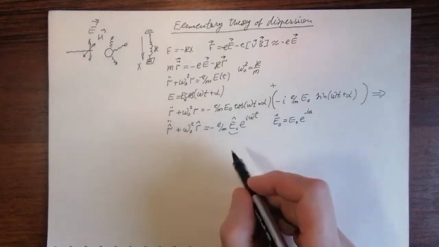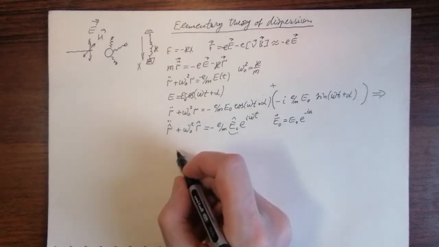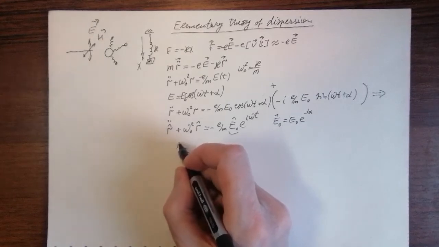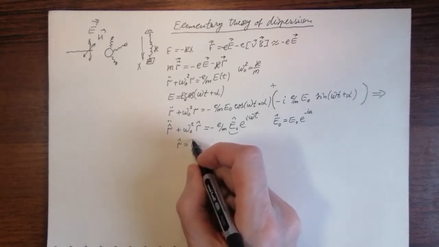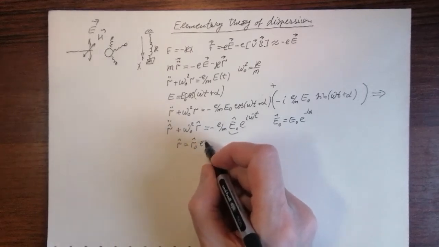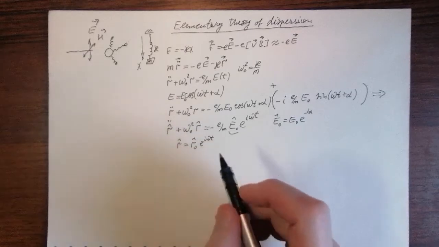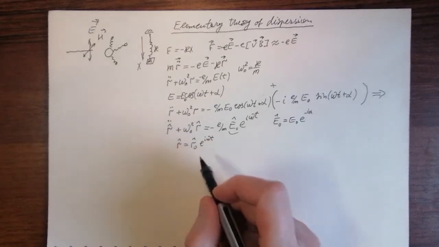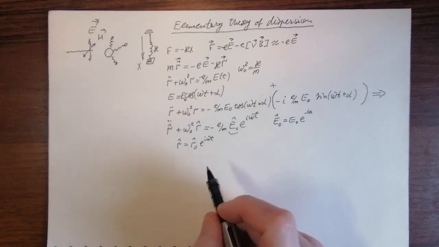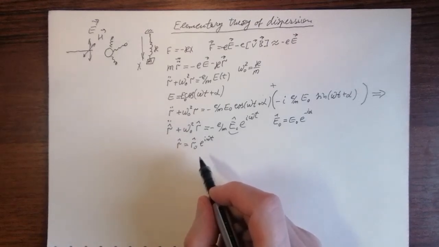Now we have this equation, and we will seek the solution of this equation in the form of r complex equals r0 complex e to the i omega t. Here r0 is a complex amplitude of oscillation of the electron.